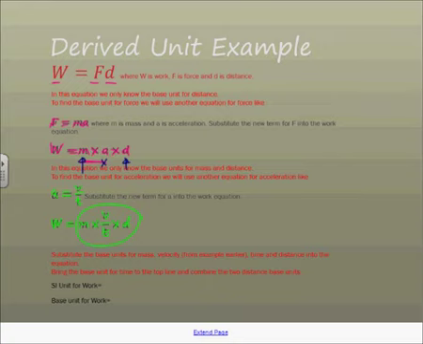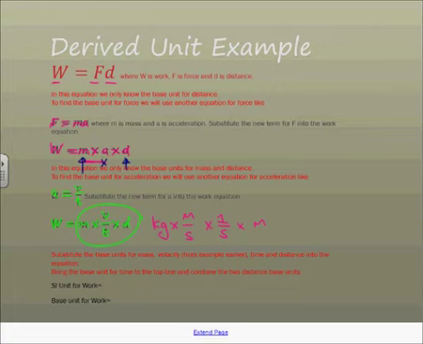If we actually put them in, we could find the derived unit. So for mass, mass is kg. We're going to multiply that by meters divided by seconds, and multiply that by another 1 over s, and multiply that by meters.